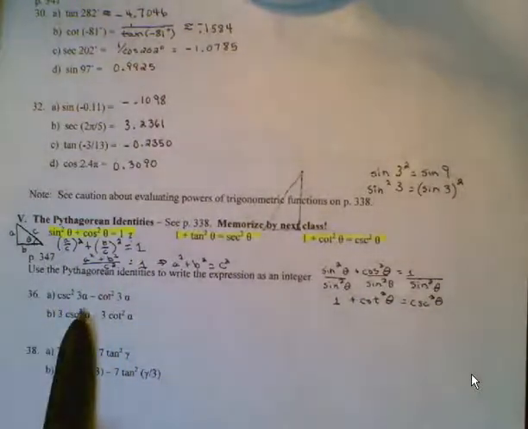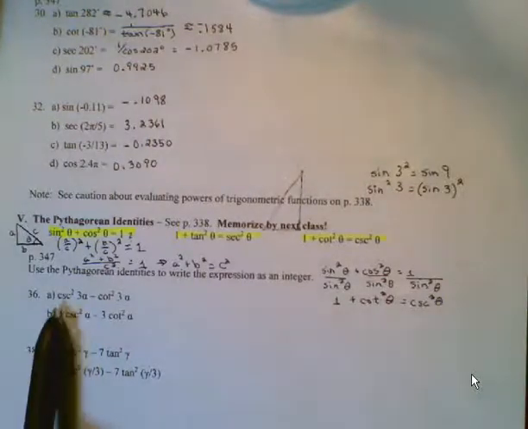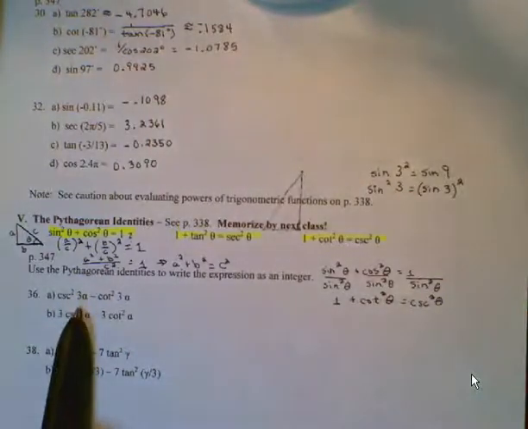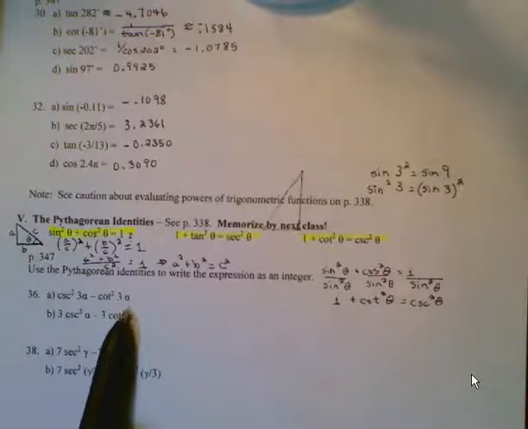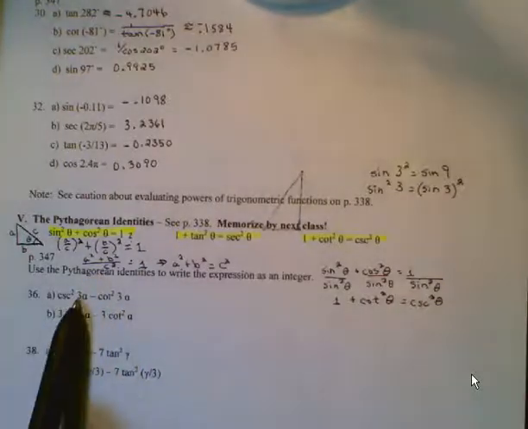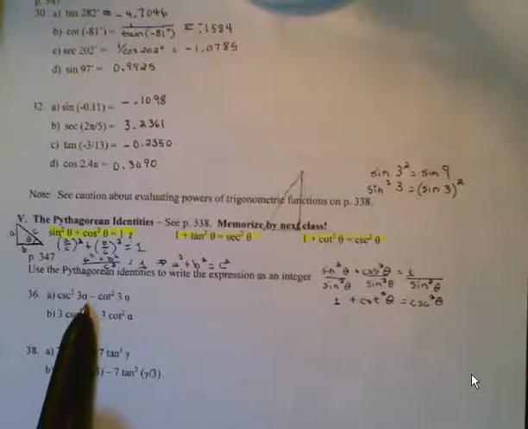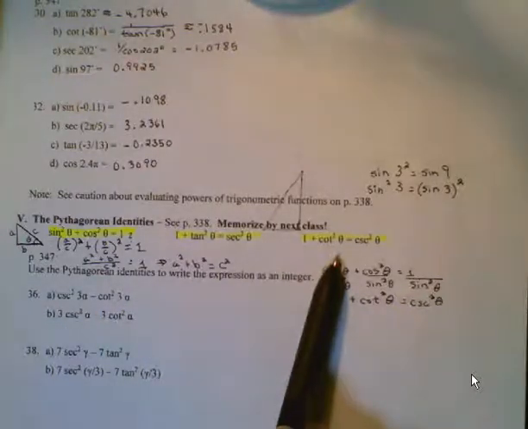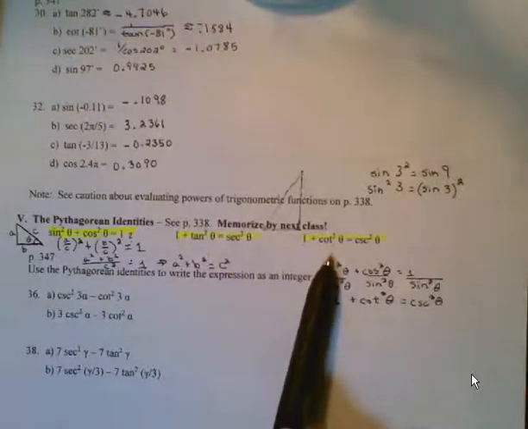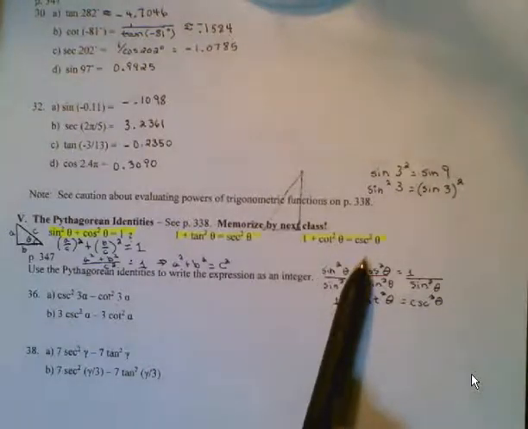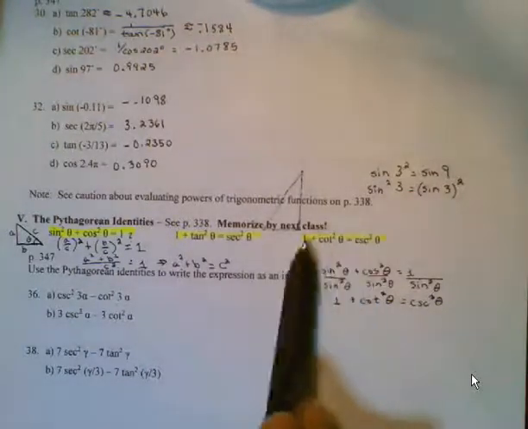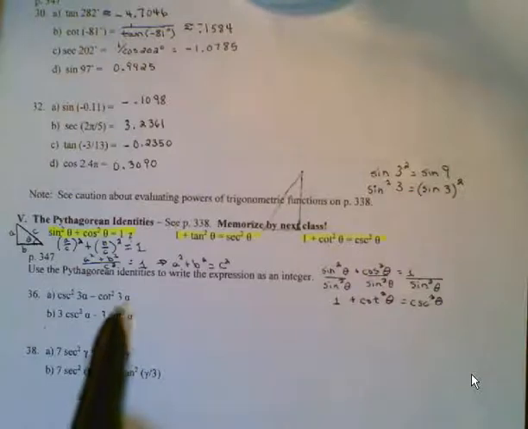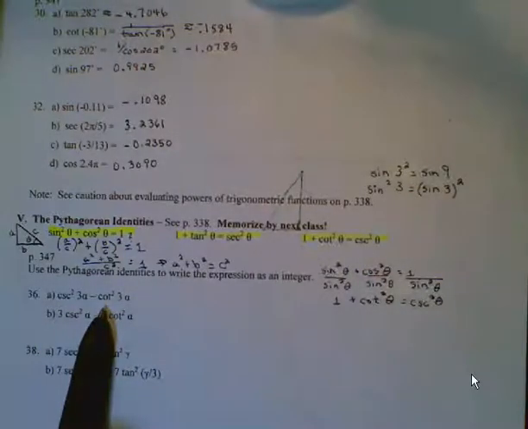So 36 part A, I have cosecant squared 3 theta minus cotangent squared 3 theta. And it doesn't matter what these arguments are as long as they're the same. It's my third Pythagorean identity that involves cosecant and cotangent. How could I get this in this form?